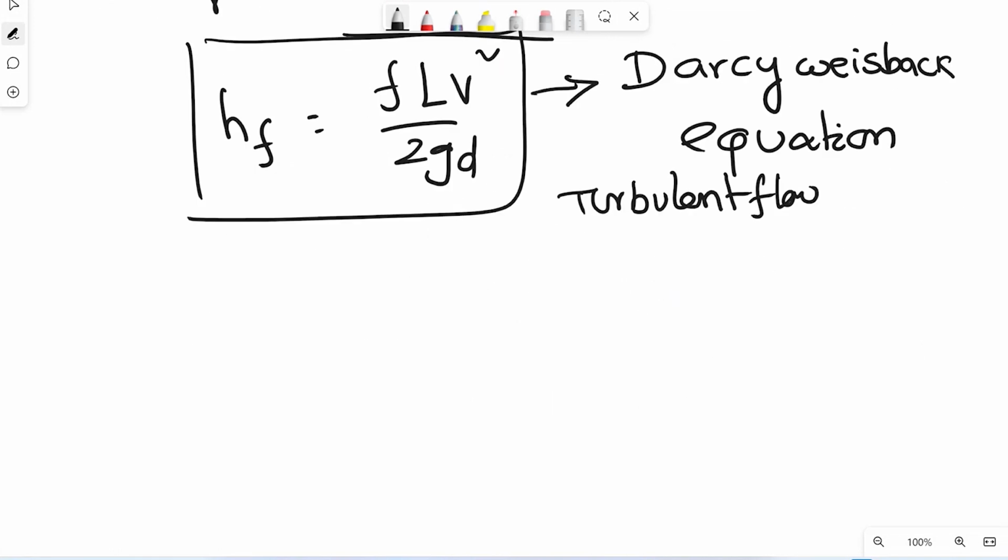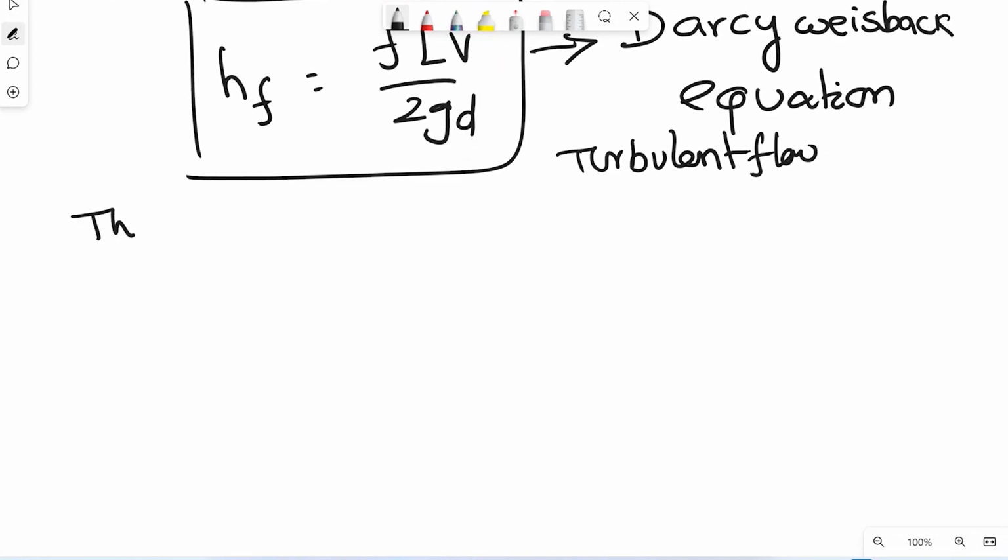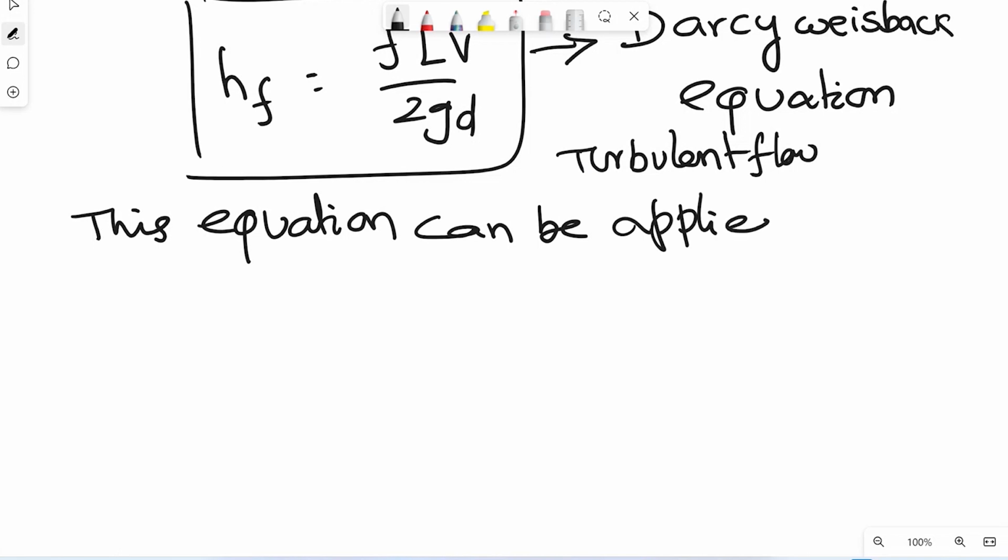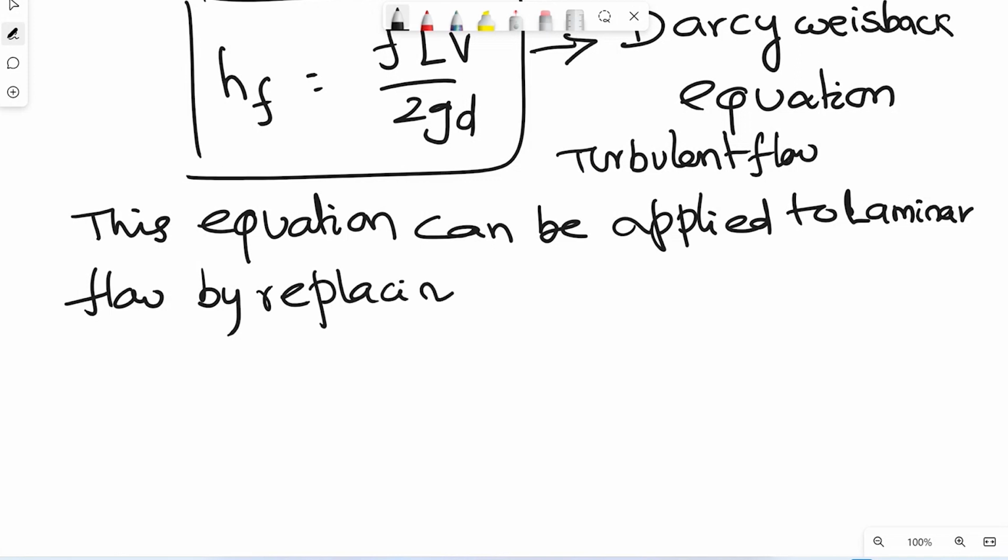But sometimes, if you want to use the same equation for laminar flow, it can be applied by replacing F with 64 by Re. This is the way we need to do it. If you do this, you can use it for laminar flow also. Otherwise, this equation is mainly used for turbulent flow.